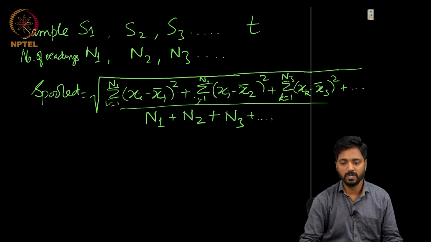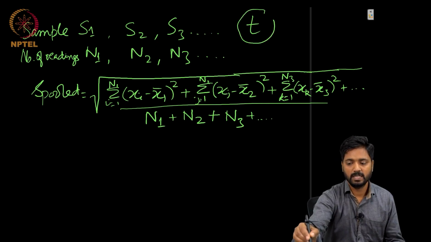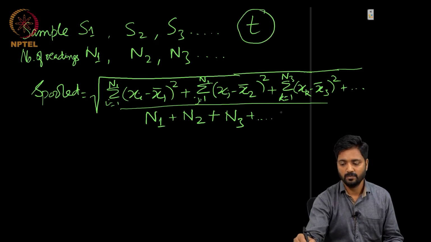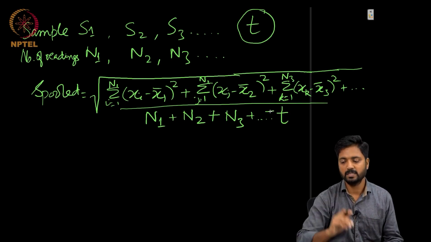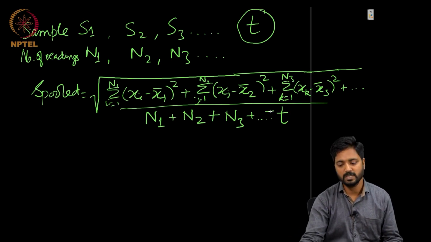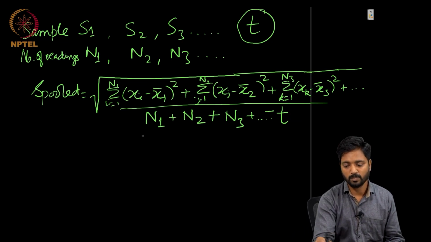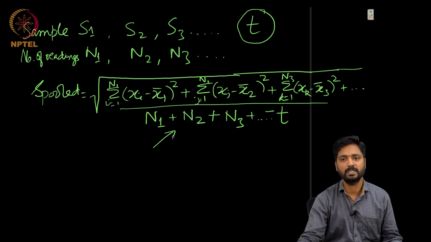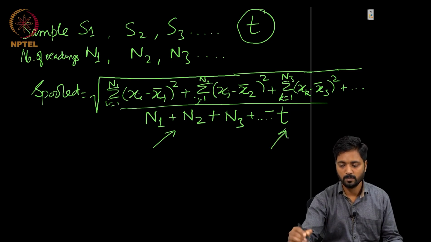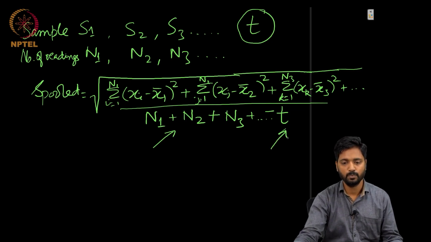Since we were dealing with T number of sets, we will have to insert T here and subtract this T number of sets from the total number of readings in all the data sets. The total number of readings in all the data sets will be given by N1 plus N2 plus N3 plus N4 and so on, and T will denote the number of samples that have been pooled.